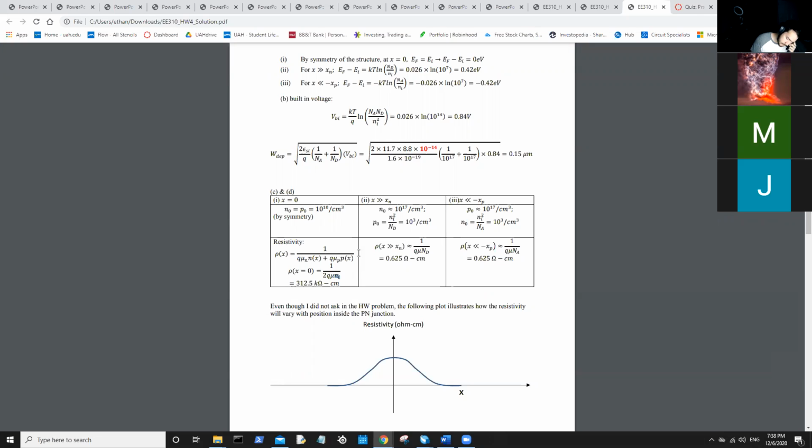It is 2 times 1.602 times 10 to the negative 19th times 100 times 10 to the 10th power. 1 divided by this yields us 3,121,098.